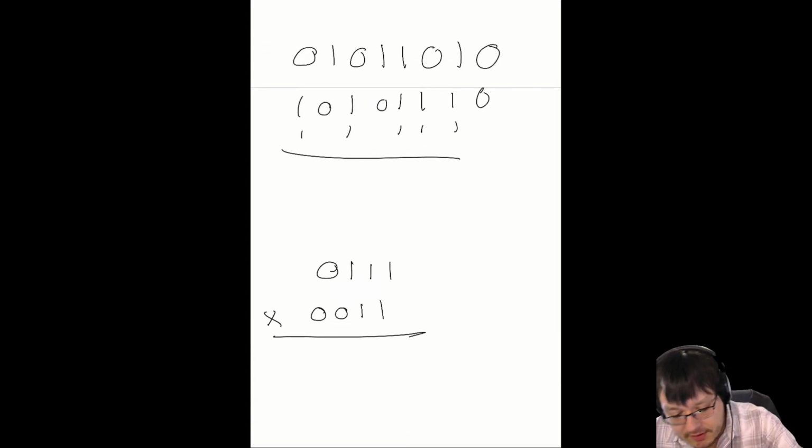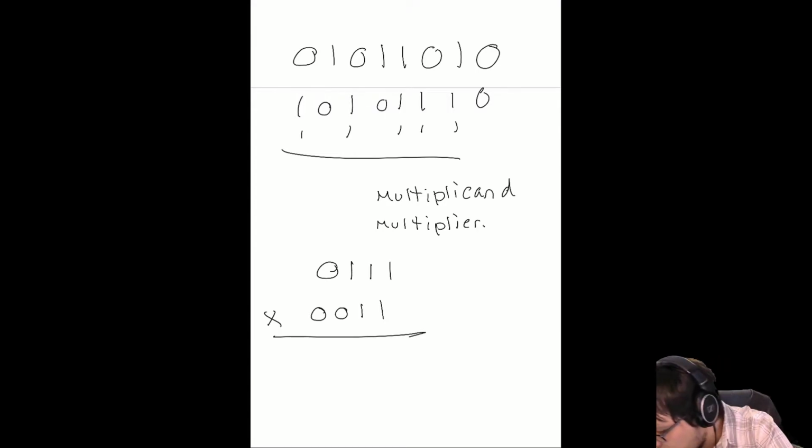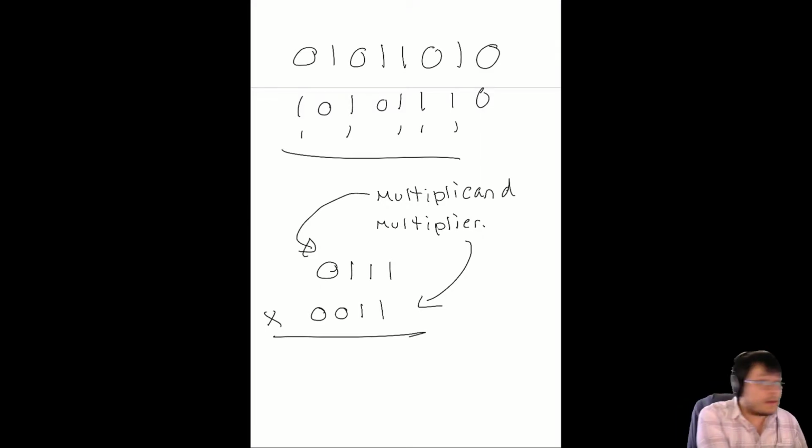Let me write them because that's hard to pronounce. Multiplicand, and then multiplier. If I remember correctly, the multiplier is the bottom one and the multiplicand is the top one. But please correct me if you know otherwise. I have it written somewhere, maybe on the PowerPoint of the book.